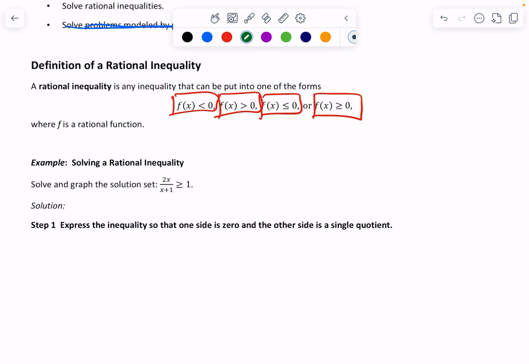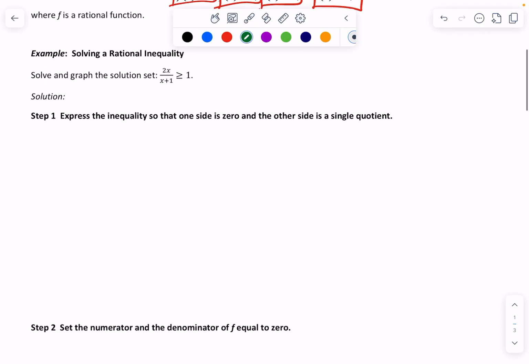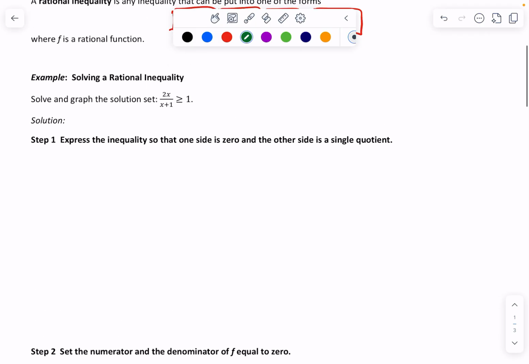And we're using the exact same steps that we did in the 3.6a. So our first step is to express the inequalities so that one side is 0 and the other side is a single quotient.